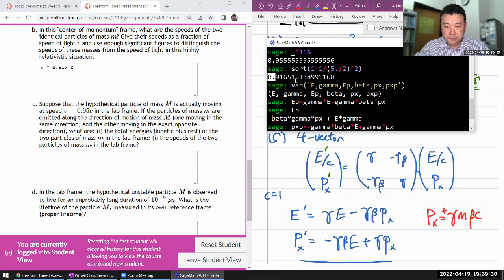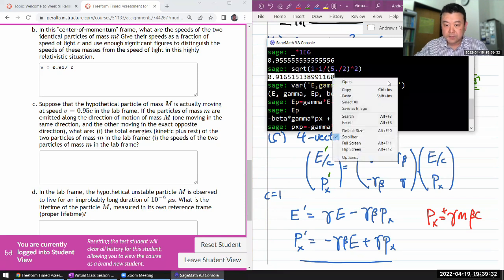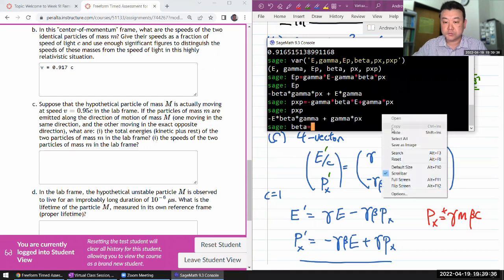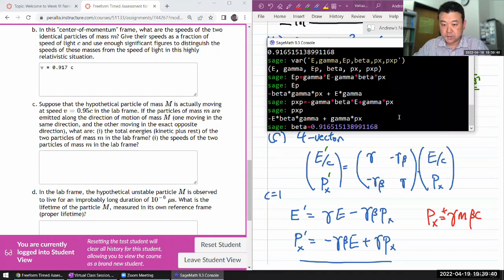So let me just copy and paste that as beta equal to that. Oh wait, I need to track two different values. Okay, so I'm going to do this: p_x is equal to, beta 2 is equal to that value.